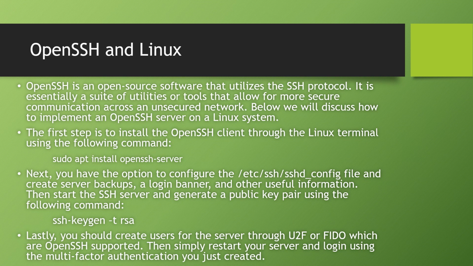And lastly, you should create users for the server, and you can do this using two-factor authentication through U2F or FIDO, which are supported by OpenSSH with the latest version. Then you restart your server and log in using the multi-factor authentication that was just created using those two tools.